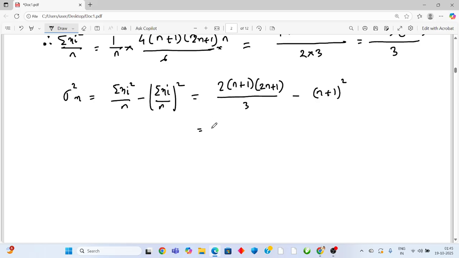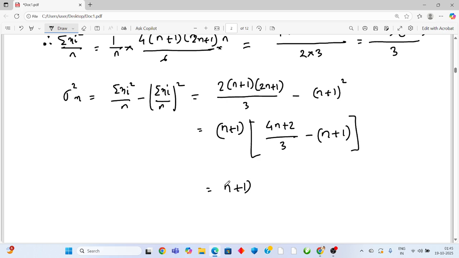Now if I take n plus 1 common, I will get (2n plus 1) by 3 minus (n plus 1). That means n plus 1 times (2n plus 1 minus 3n minus 3)... whole divided by 3, right?